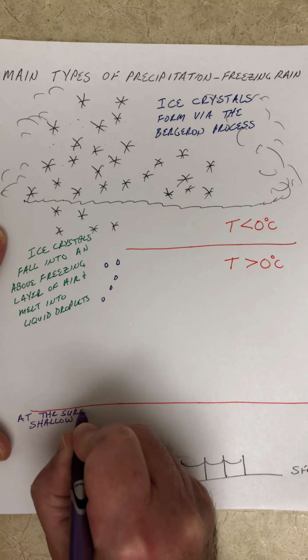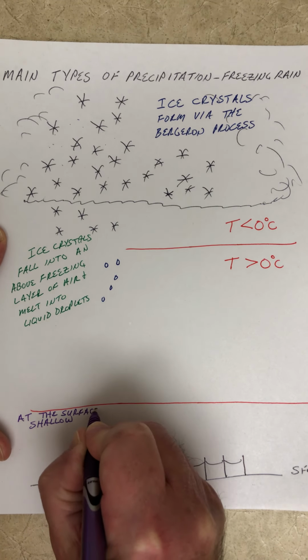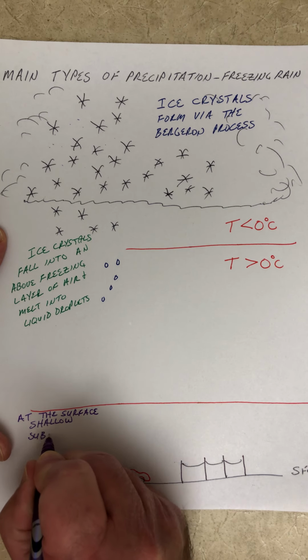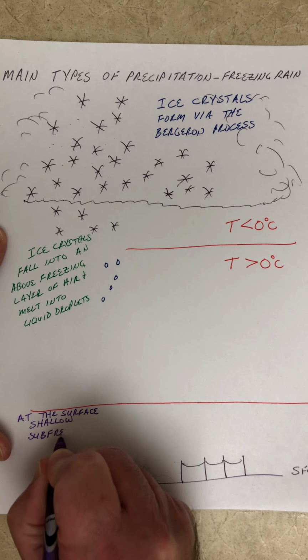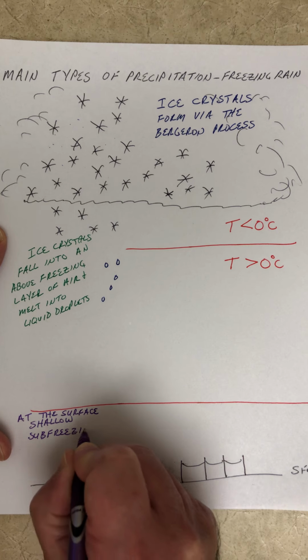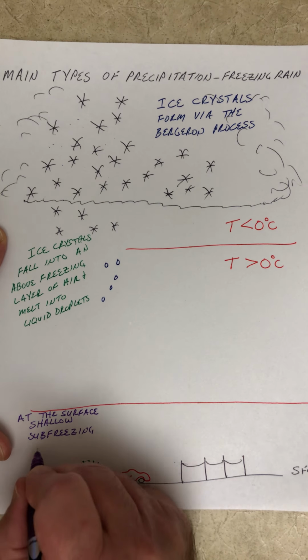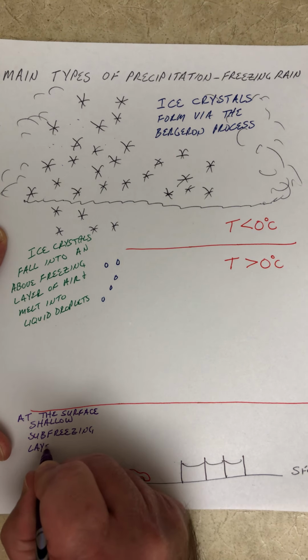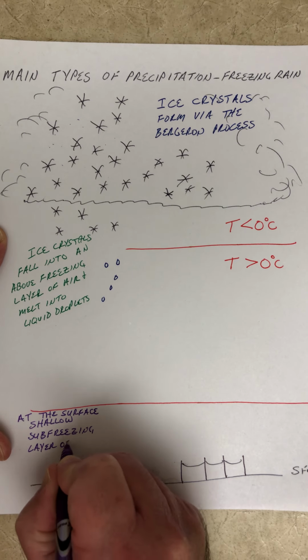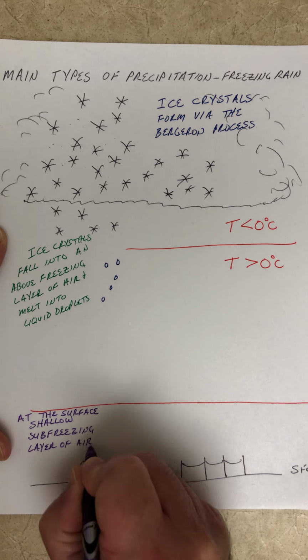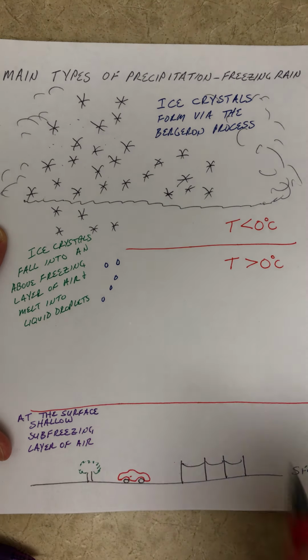So at the surface, we have a shallow sub-freezing layer of air. Okay, so let's make sure that we make note of that. So the temperatures at the surface are below the freezing point.